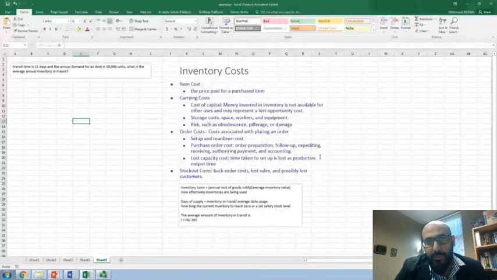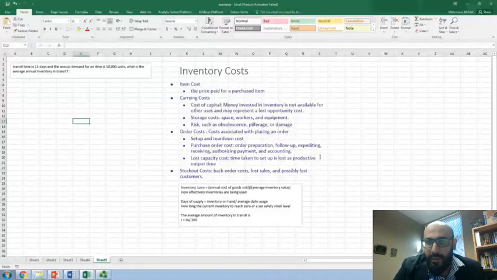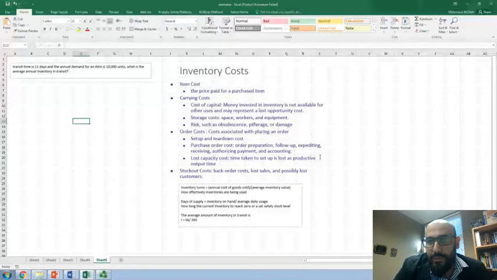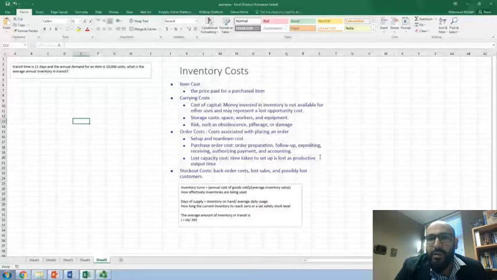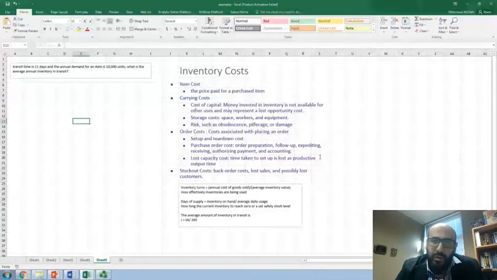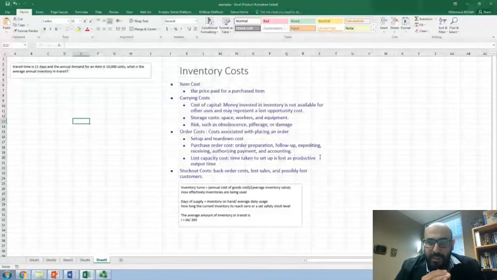You hire people to prepare orders, you hire people to follow up with the suppliers, you do some authorizing of payment, or expedite shipping. So these are what we call the purchasing order cost, related to the order cost.